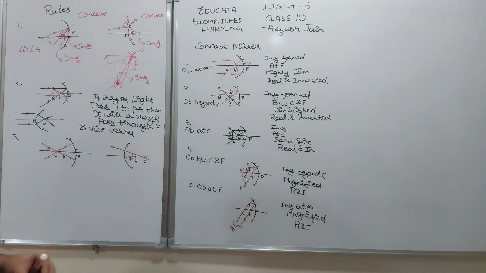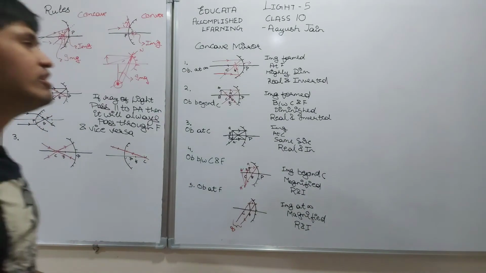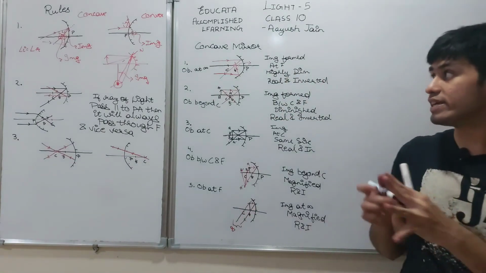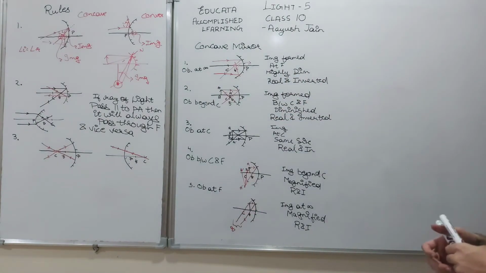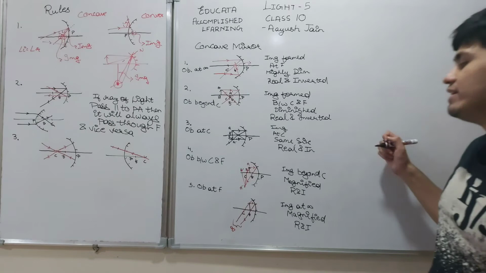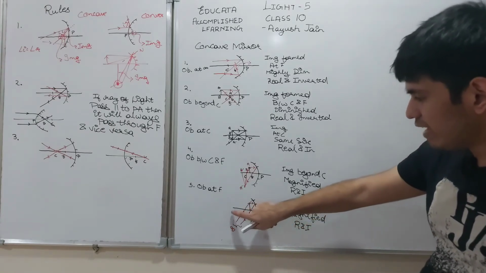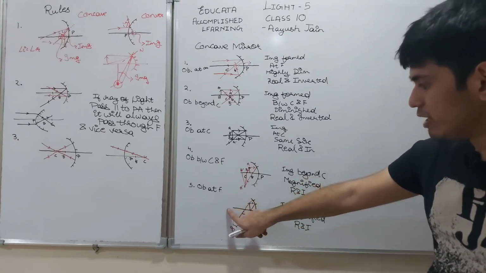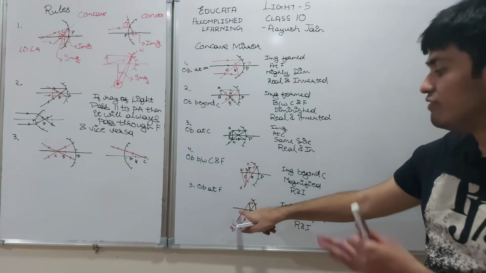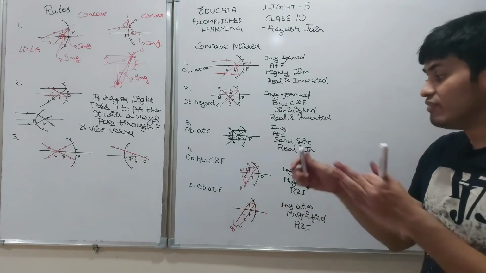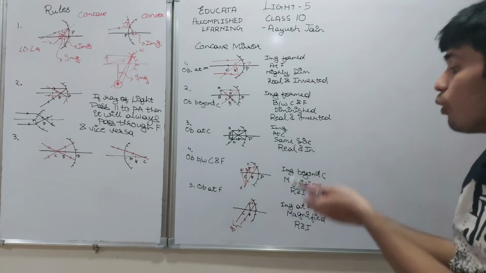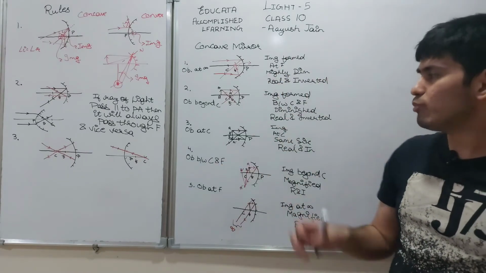Now one more case. We started our journey from here, then we came here, then we came at center of curvature, then between center of curvature and focus, then at focus. Now can we come in between pole and focus?